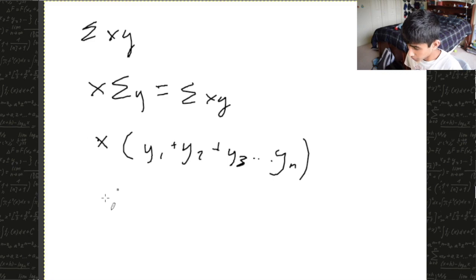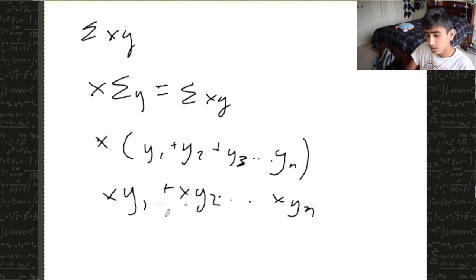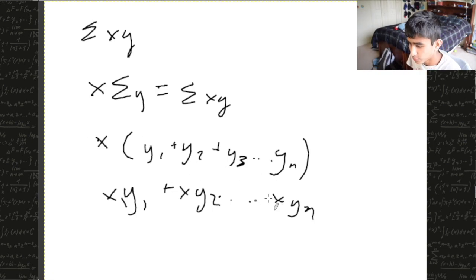And this is equal to x times y1 plus x being multiplied by y2. We know this because this is the distributive property. But that's only if x is a constant and y is a list, right? Oh, so we've kind of proven this right now.